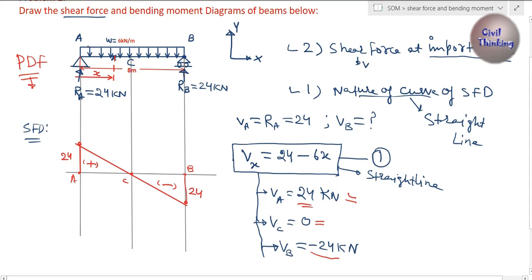Okay, here we go. We found the shear force diagram of this simply supported beam with UDL. Now the next step is to find the bending moment diagram. So let me erase all of this.